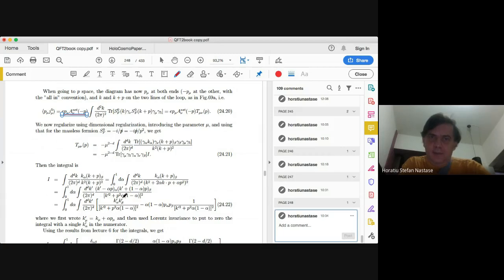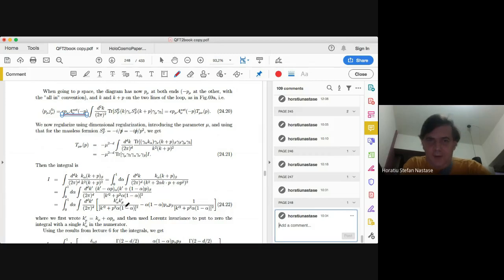And then I also, as usual, shift k to k prime, which is k plus alpha p, which eliminates the linear part in the denominator. And now I'm left with k squared plus p squared alpha (1 minus alpha). So in the numerator, I also have now k prime minus alpha p alpha, k prime plus (1 minus alpha) p beta.